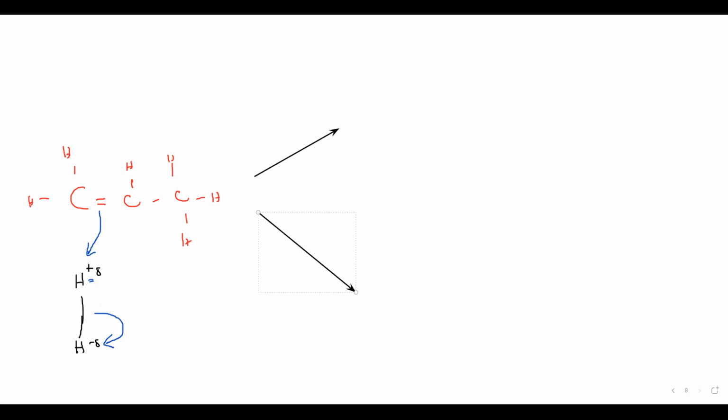The hydrogen might be attached to the first carbon, this double bond will break, this is one possibility. So when the double bond breaks, the hydrogen might attach to the first carbon.